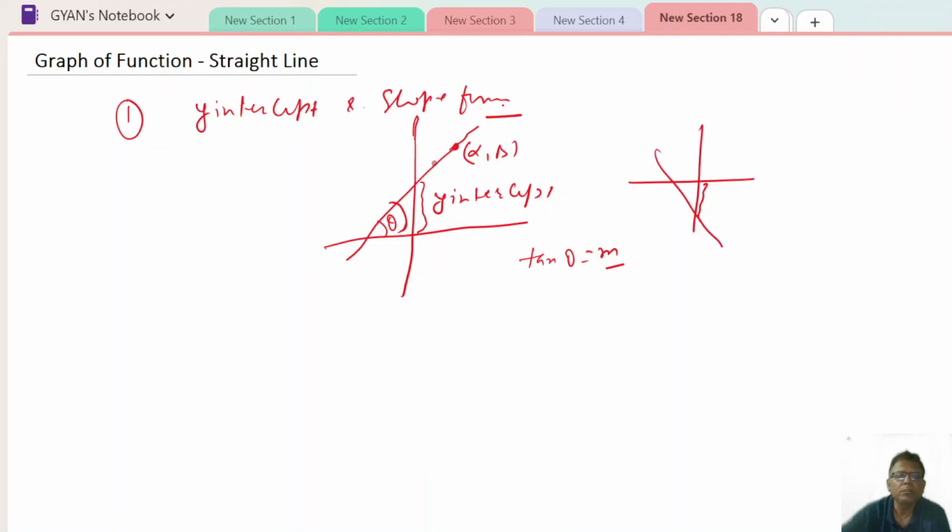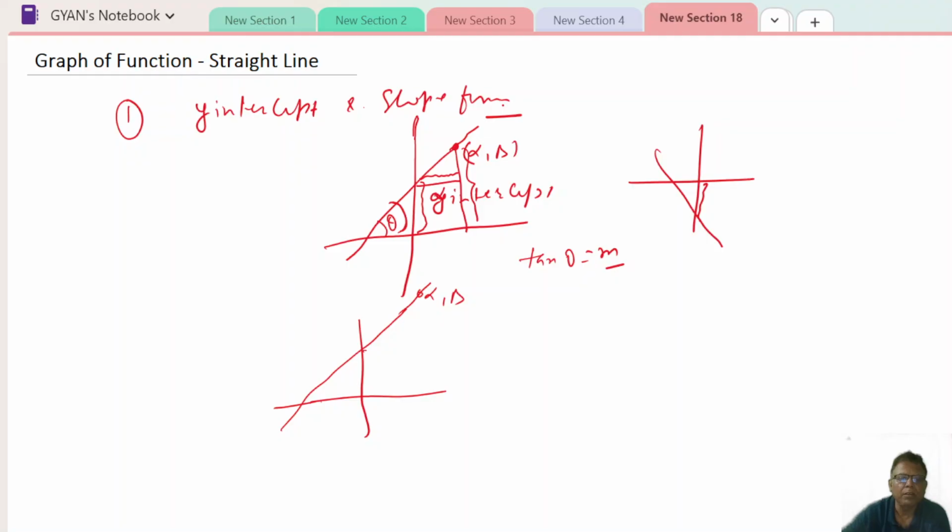So how will we derive this equation? Let us try another. Suppose one variable point is alpha beta.